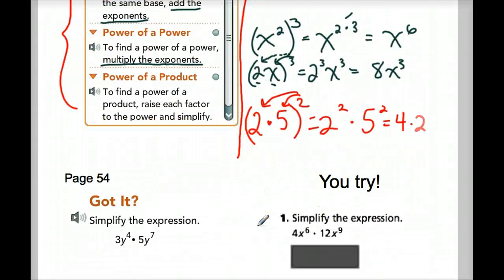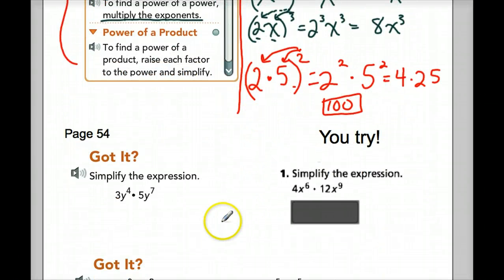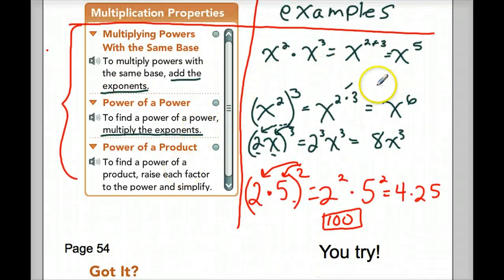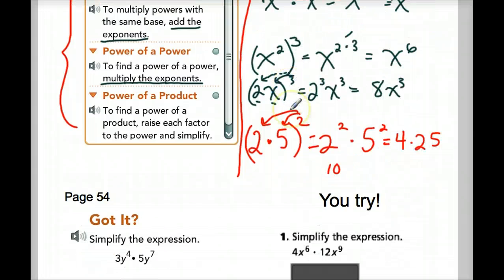All right, so everyone turn to this page, and it says simplify the expression. What I want you to be asking yourself with these is, am I going to be adding exponents or multiplying exponents? In this case, we are adding them, because one trick is there's nothing that looks like this. There's no exponents on top of exponents.